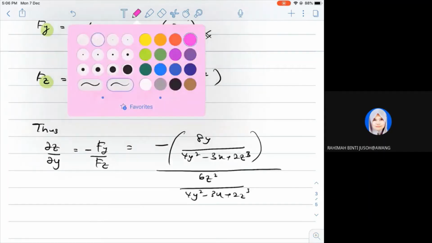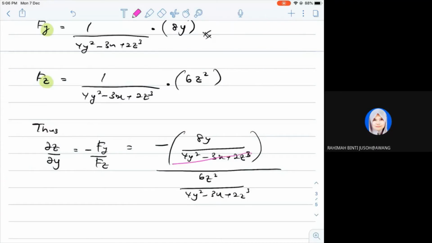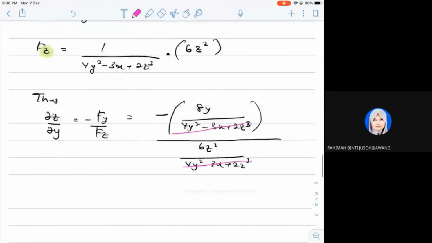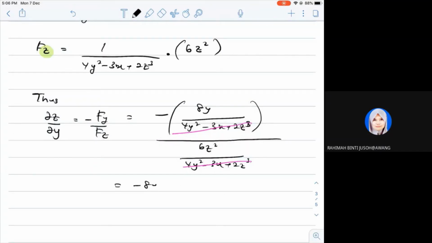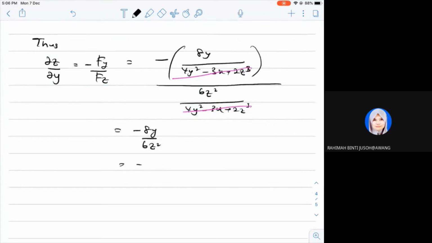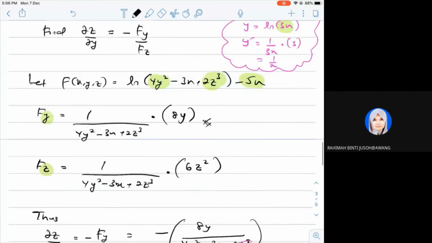Okay, so now you can cancel the denominator. So therefore the final answer should be equals to negative 8y divided by 6z squared, or you can simplify this as negative 4y over 3z squared. Okay, so that's it. That's the answer for del z over del y.